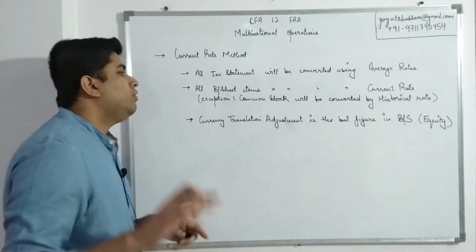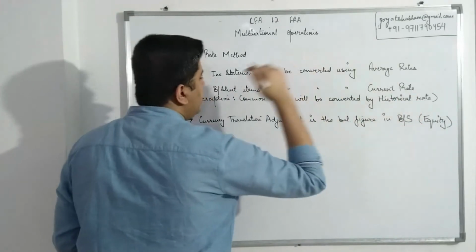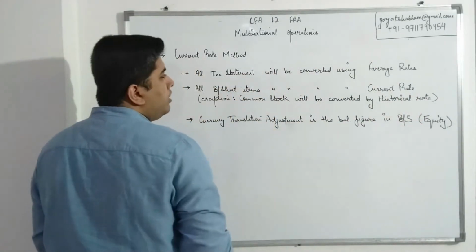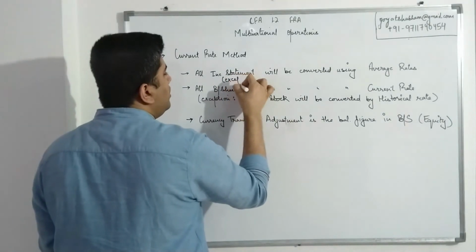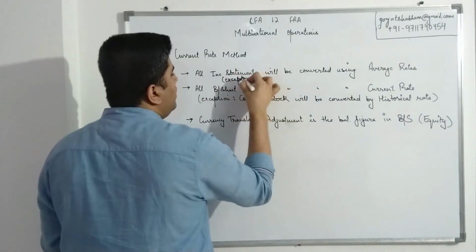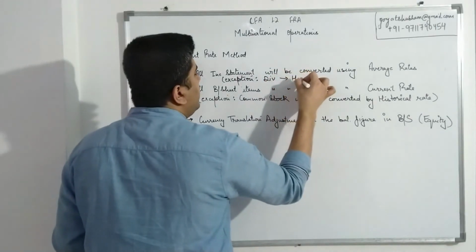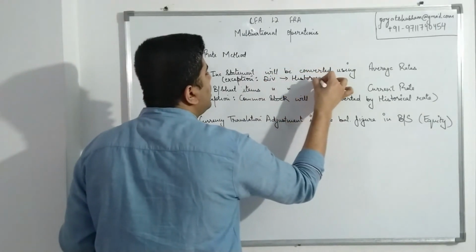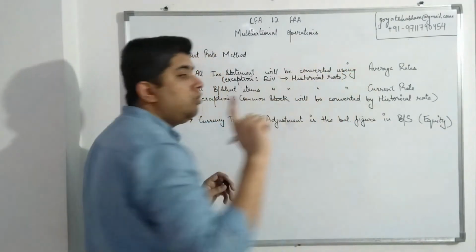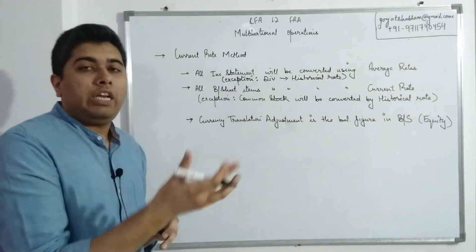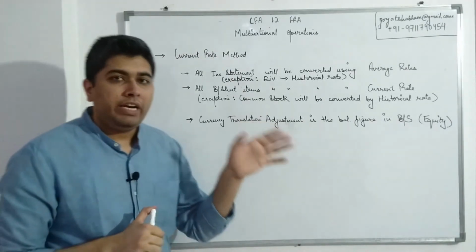Now keep in mind, if common stock is being converted using historical rate, dividend would also be converted using historical rate. So the first rule also has an exception: dividend would also use historical rate. Historical rate for dividend would be the rate that existed on the day when the dividend was declared. So we will not take the exchange rate on the date when the dividend is paid.